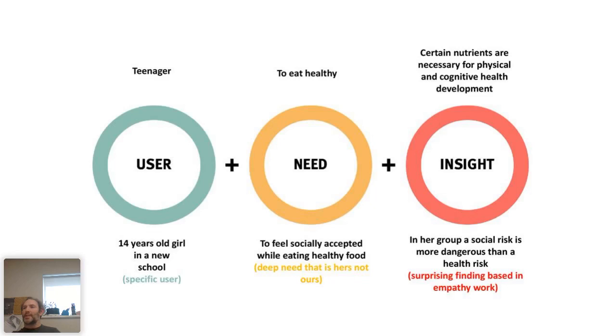And then the insight is, in her group, a social risk is more dangerous than a health risk. So the peer pressure is more important to her than the long-term health. Without understanding all that, and without really understanding that user, it would be really difficult to design any solution to this issue around healthy eating for teenagers.